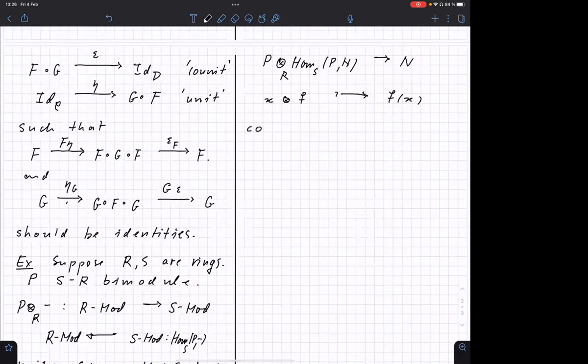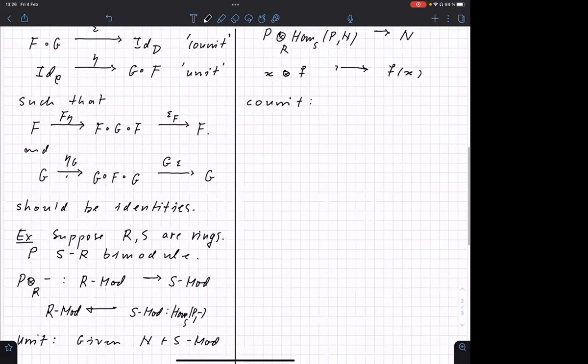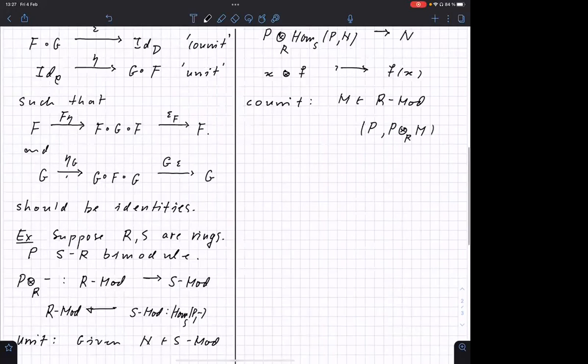And the co-unit, I have to do it in the opposite direction. So given an R module M, I first tensor it with P, and then I Hom from P, and there should be a natural map.